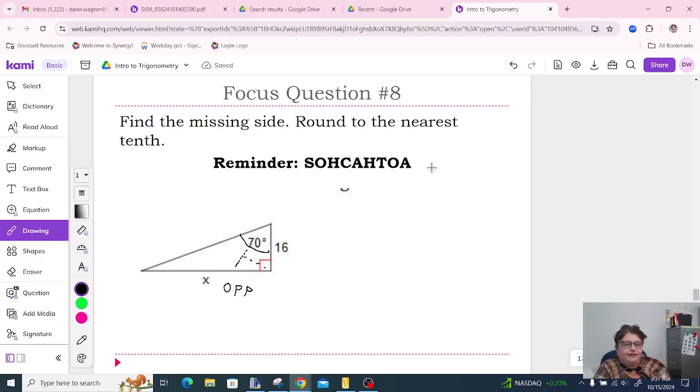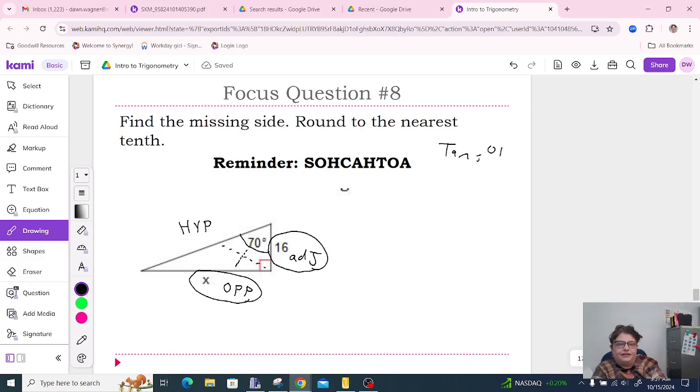Where's hypotenuse? Is over here. I still label it. And then this is adjacent. Now I circle. I have adjacent. I'm looking for opposite. We're doing tangent because tangent is opposite over adjacent.